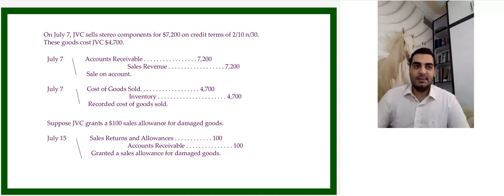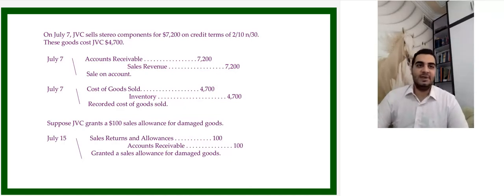Here's another example. On July 7th, GVC sells stereo components for $7,200 on credit terms of 2/10, n/30. These goods cost GVC $4,700. This is the CGS.